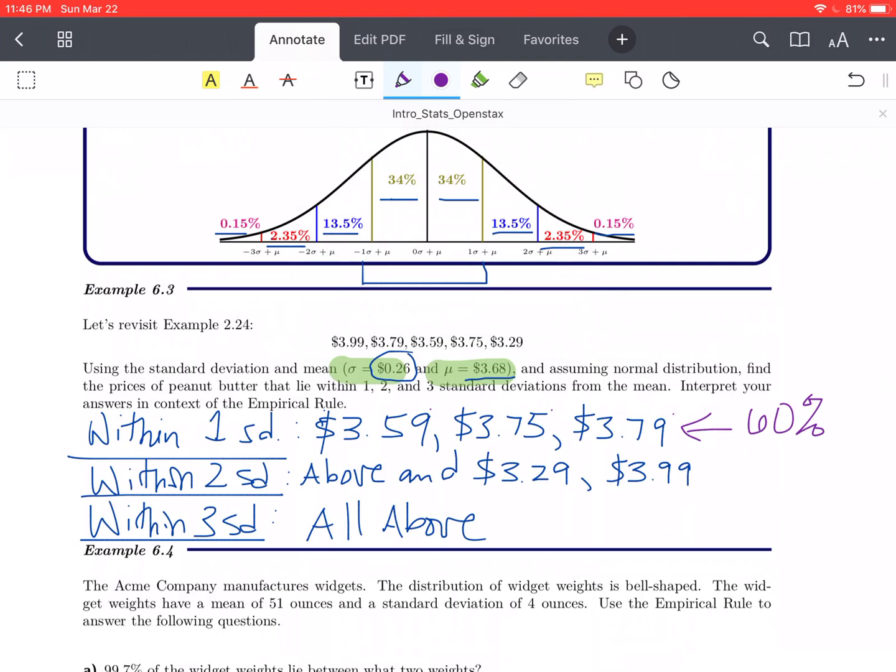So we get 60% within 1 standard deviation, and once we reach within 2 standard deviations, that includes all 100% of the data. We're told by the empirical rule to expect it to be around 95%, and that's around 95%, right? We just have a very small sample size here. So there's 100%, and of course still 100% of the data is within 3 standard deviations as well.